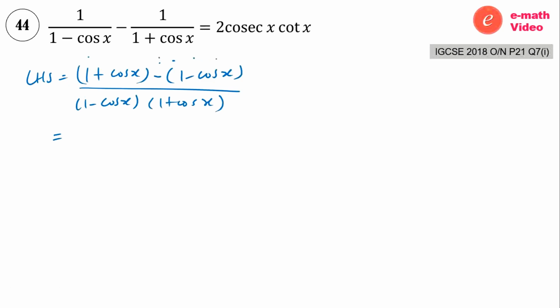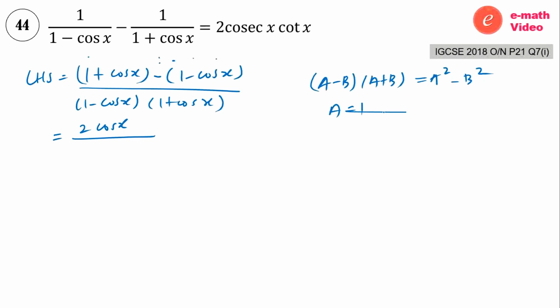1 plus 1 is 2 cos x over our friend a minus b times a plus b is a square minus b square. A is 1, a square is 1. B is cos x, so b square is cos square x.